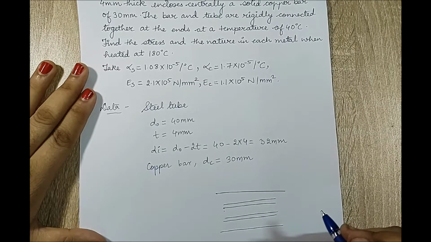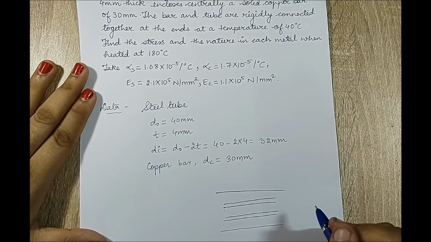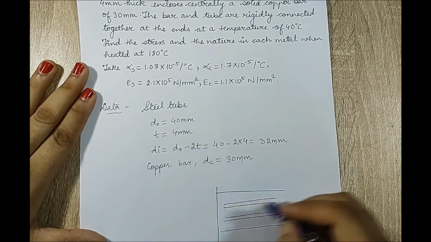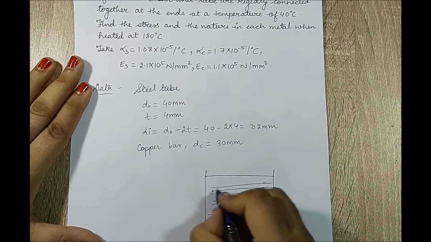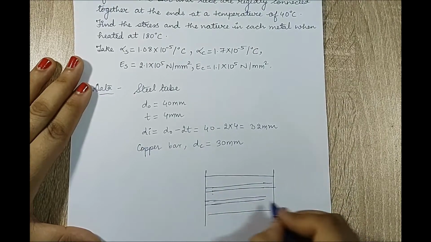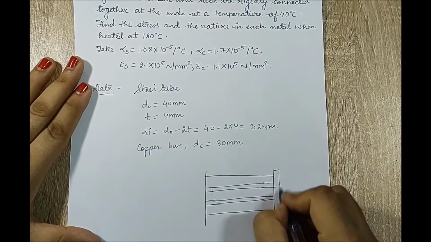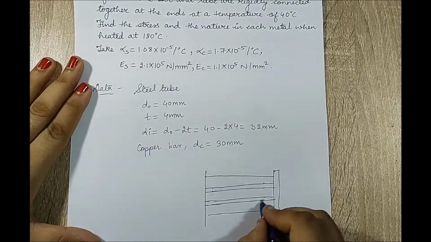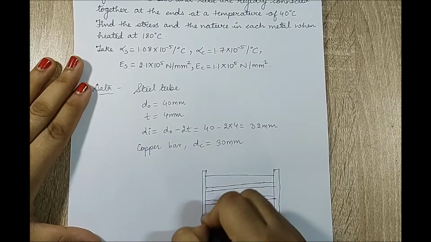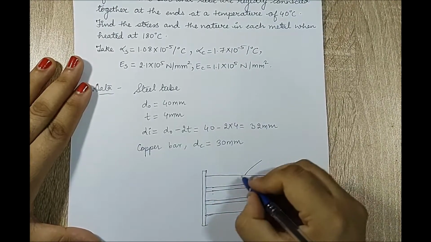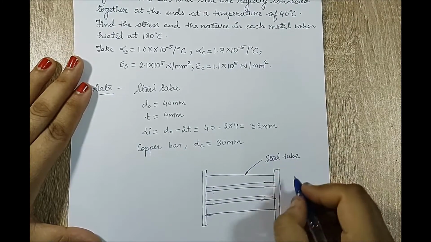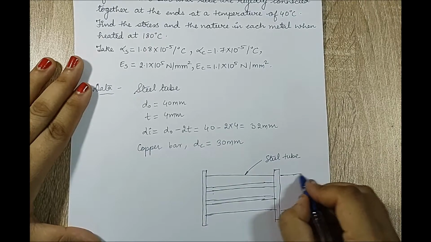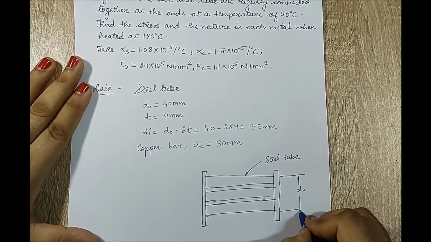Okay, the bar and the tube are rigidly connected together at the ends at a temperature of 40 degrees Celsius. So they are rigidly connected. So I'll just draw the ends. So the external one is the steel tube. This is 40, DO.